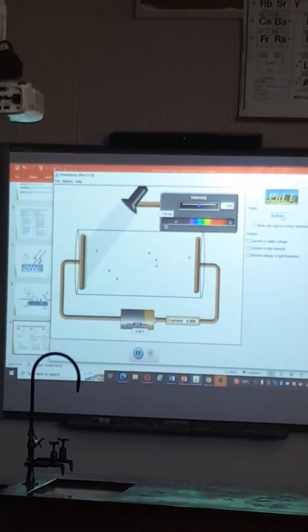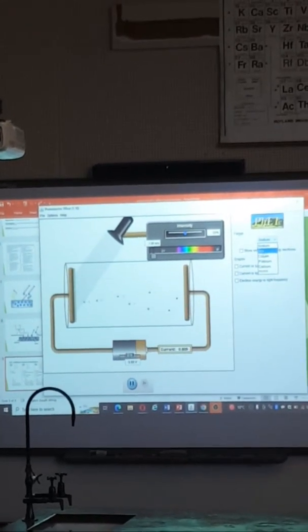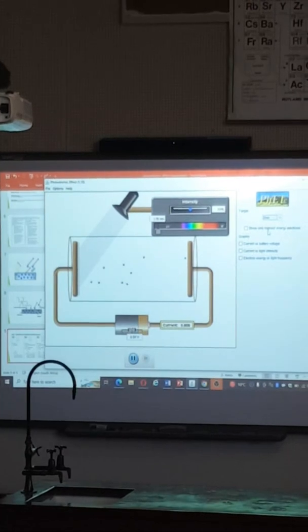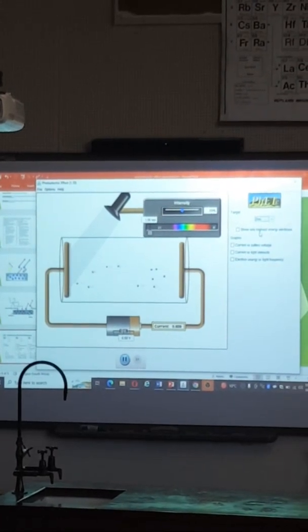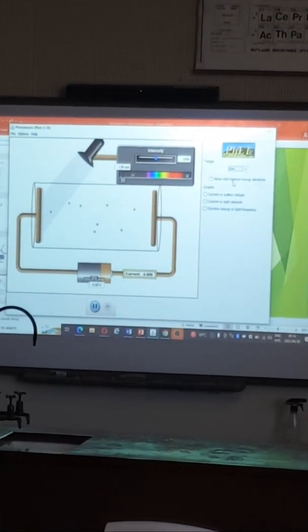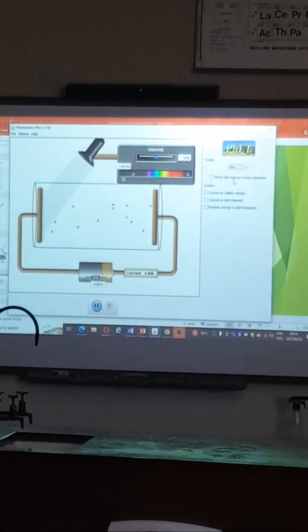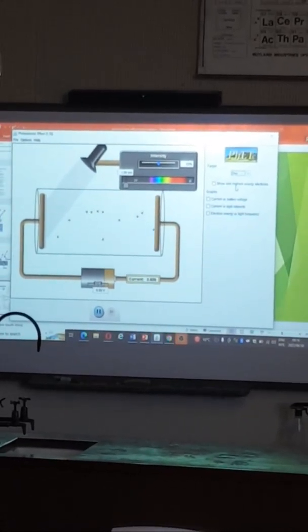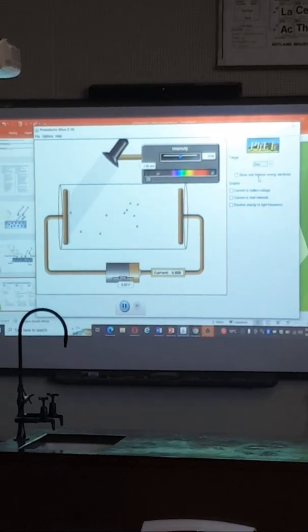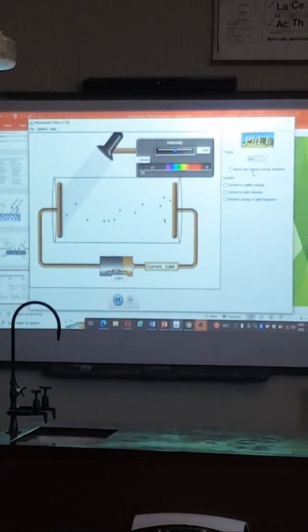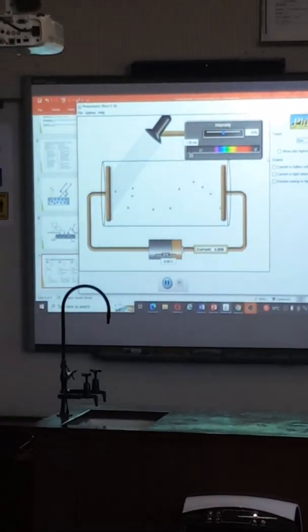You can always change the metal if you feel like. As you can see, when it is zinc now, the speed is a little bit decreased. It is slower on the zinc when you change the metal.